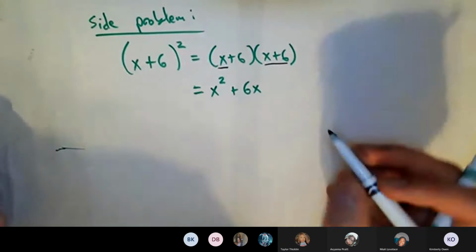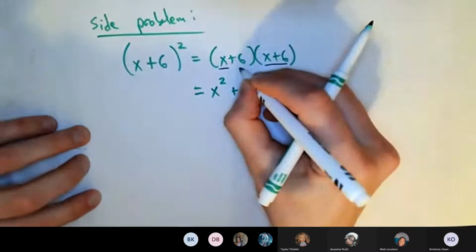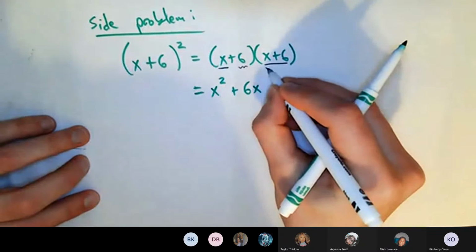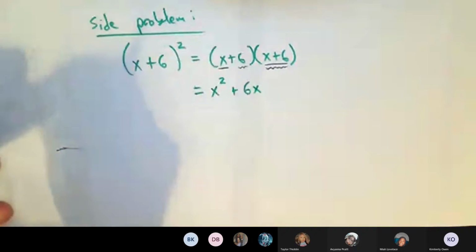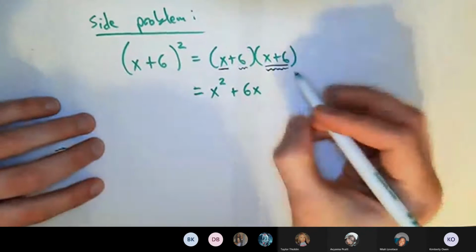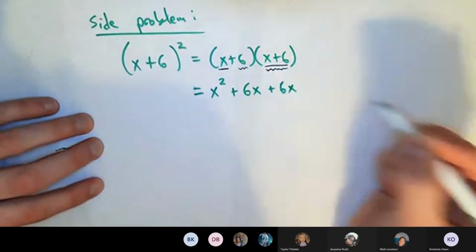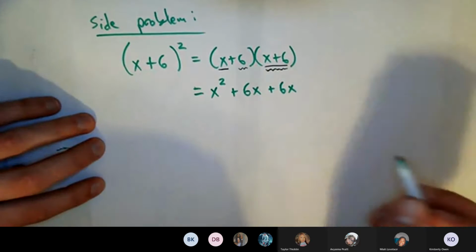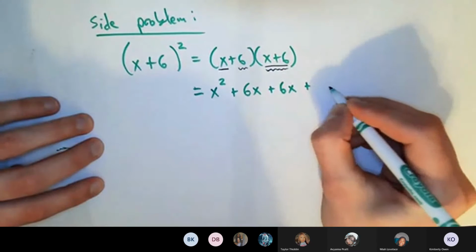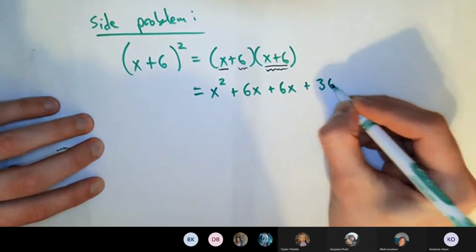Okay, now I move on to the second term, which is that positive 6, and I'm going to send it to both of these. Positive 6 times x yields another positive 6x. And then the last term, positive 6 times positive 6, yields a positive 36.